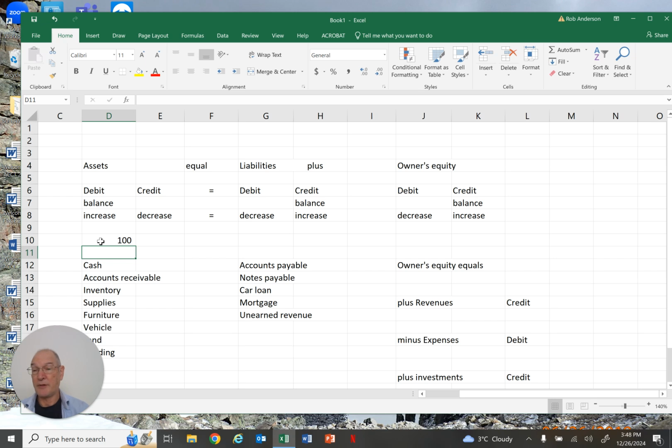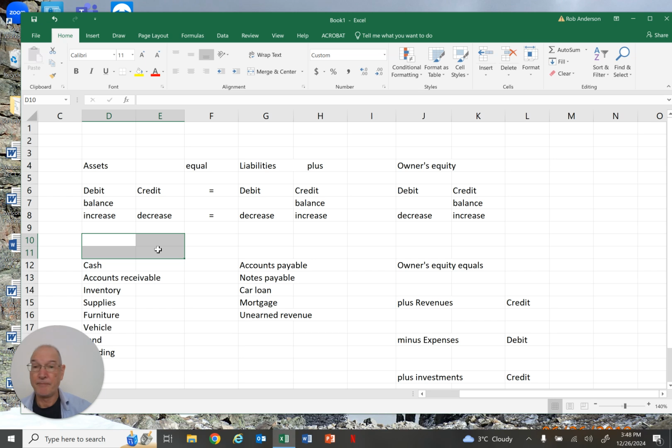Like, we know if we spend 40, we have 60 left, sure, but there's no such thing as a minus debit. Spending 40 cash is a credit because it decreases our cash. So I would take my 40, and that's a credit, and of course, we know that we had 100 and we spent 40, so we still have 60 left, and that 60 is the debit balance of cash.